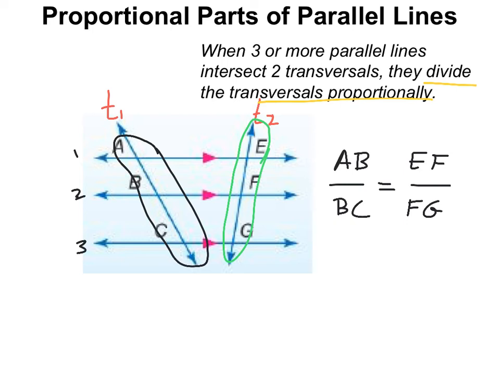And if we just take a look at this, the proportion's kind of set up for us. Isn't this right here, that division bar? It's right here. So we can use this idea in this theorem to solve other problems.